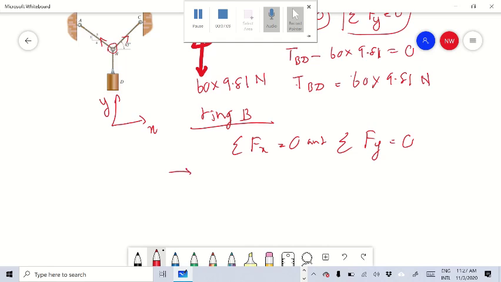First we take the forces in x direction. Say this is the positive x direction. What are the forces in positive x direction?